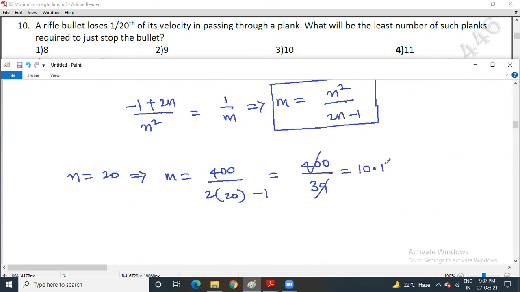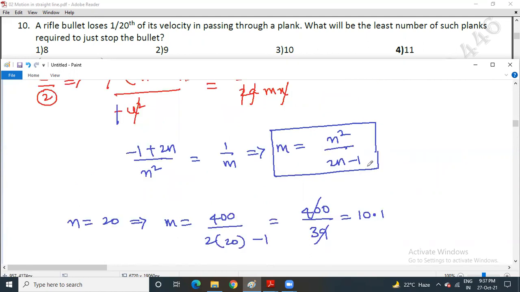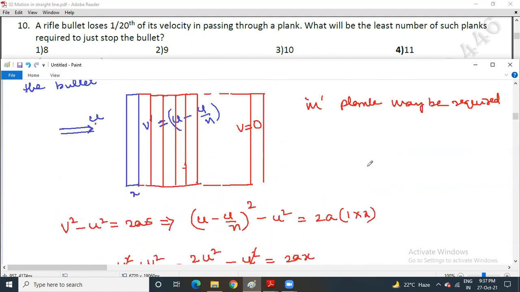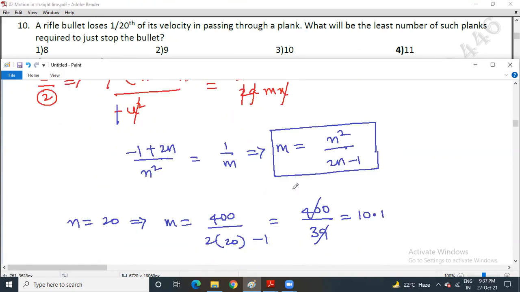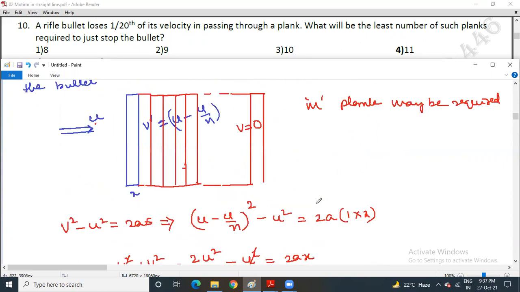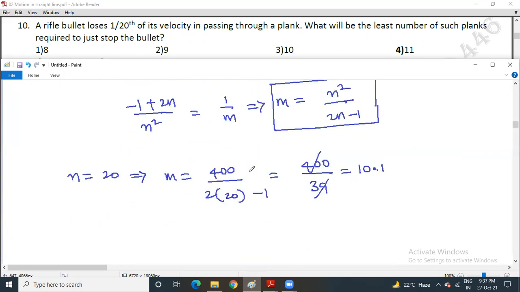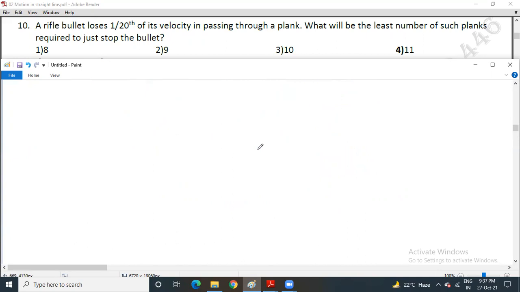So these many planks are required. Don't misunderstand that only 10 planks are required, because an option may be given as 10 also. But you have got 10.1. It means 10 is crossed, 11 may be entered. So the minimum number of planks required for this question is 11. So m is equal to 11. Now let us proceed with another application of equation of motion.